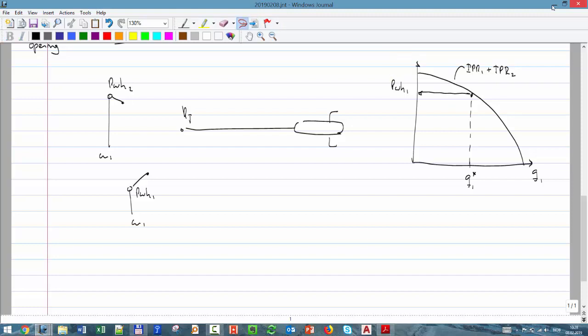Let me just remove this. PWH star. If I decide to produce that rate, right, I will have this pressure at the well. Then I do the same for well 2. For well 2, PWH2, remember the curve will be different in value, but we have similar shape.